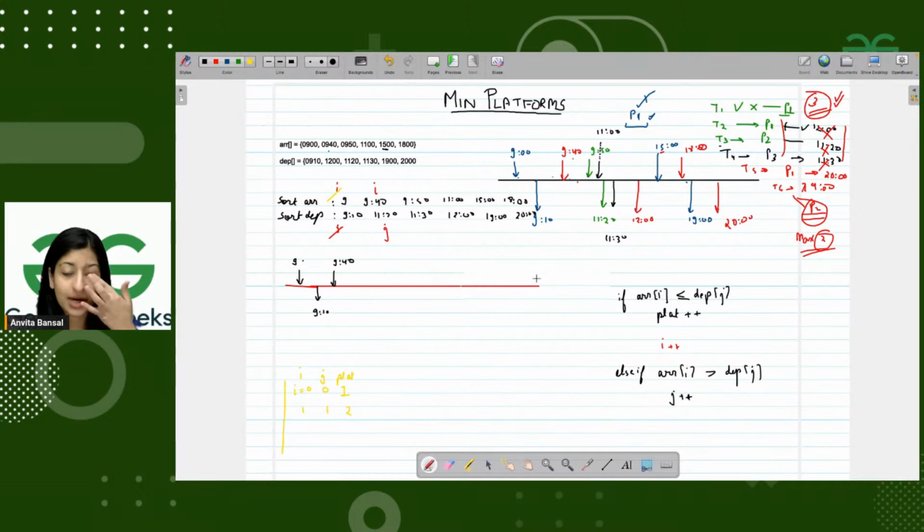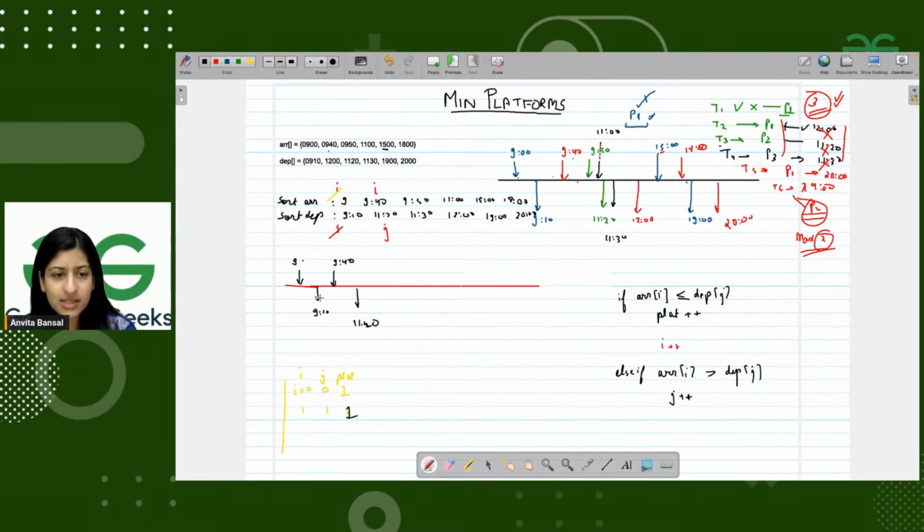Why? Because you are increasing platform if this condition holds true. That means it is coming at 9:40 and leaving at 11:20. Okay, so the number of platforms should be 2 because some platform it is already using. Also one thing, actually not 2 here, it will be back to 1 only. Why?